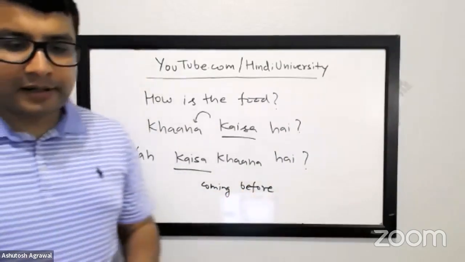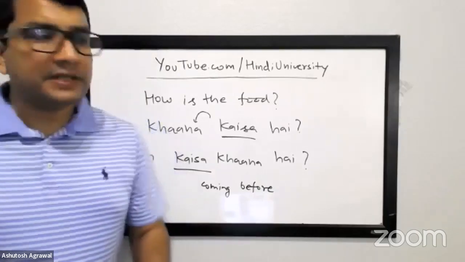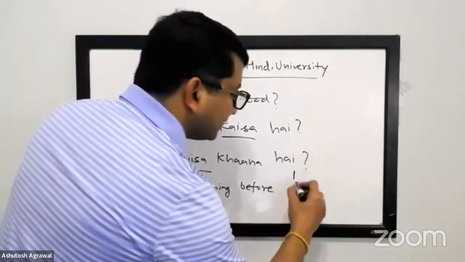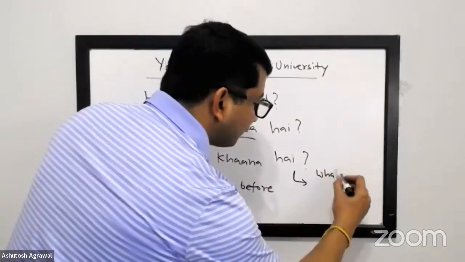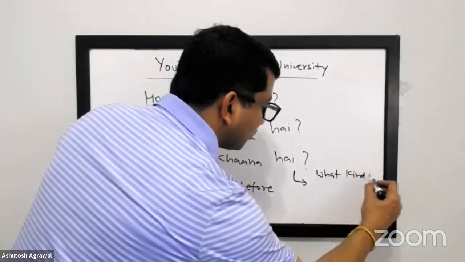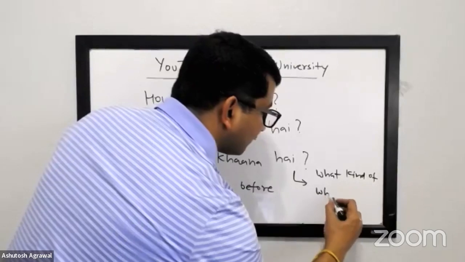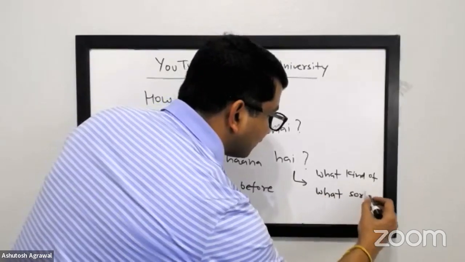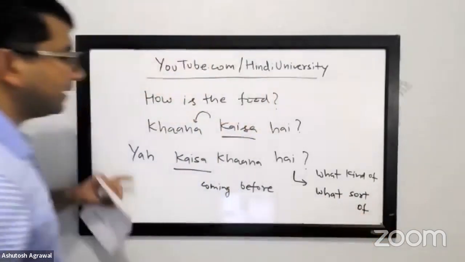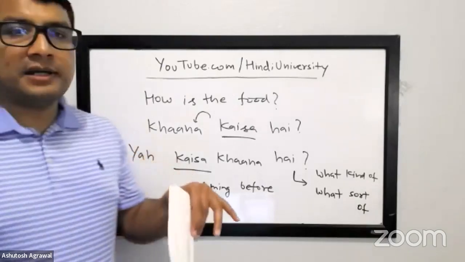Whenever that happens, it means what kind of or what sort of. In the first one, khana kaisa hai, it's really how's the food.